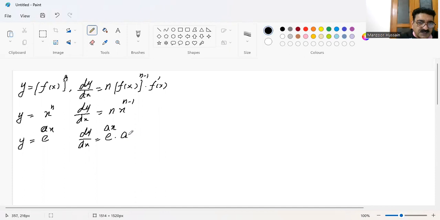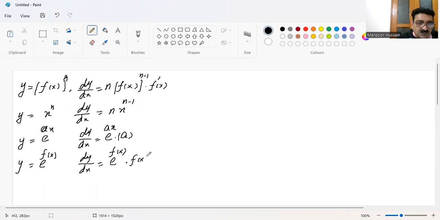So it is a. And its general formula is y equal to e raised to the power f(x). Whenever there is a function, we write the formula like this. The derivative of e to the power f(x) will remain the same, but we write the derivative of the power.